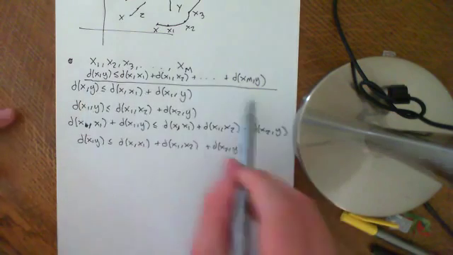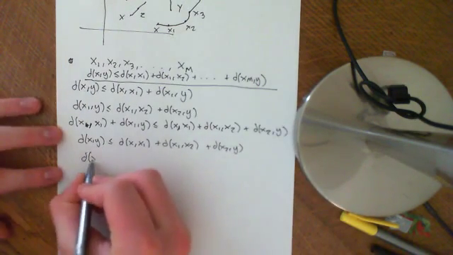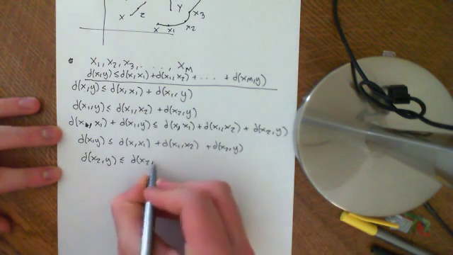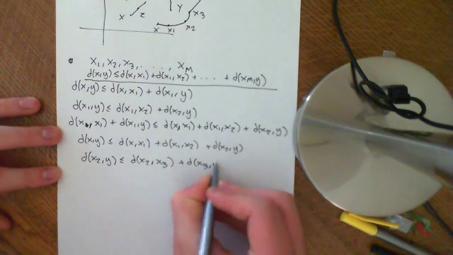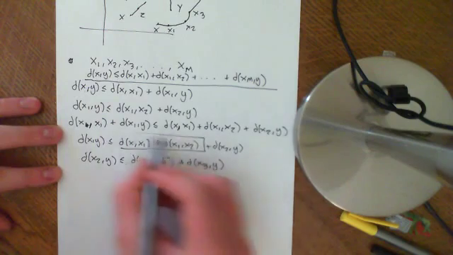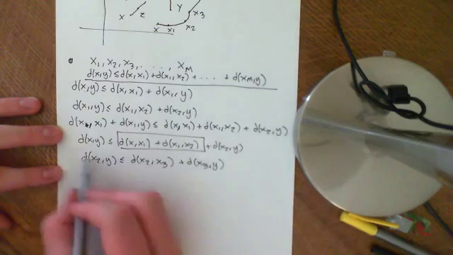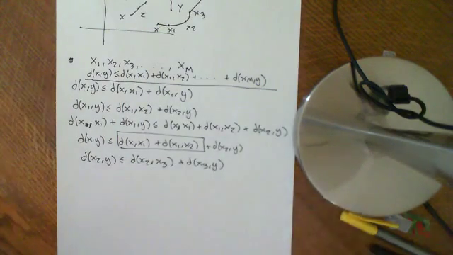Next I'd say the distance between x2 and y is less than or equal to the distance between x2 and x3 plus the distance between x3 and y. Then I'd add this bit onto both sides, get this whole thing on this side, and something else on this side, and then apply the transitive property to say that this is less than or equal to this plus this, and you would continue on like that until you had all m points.